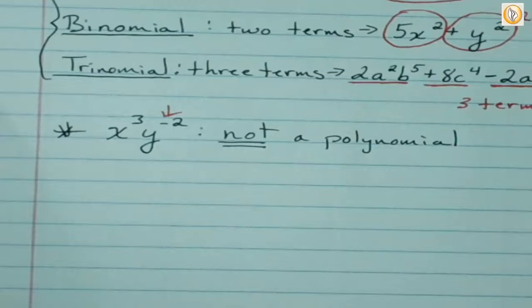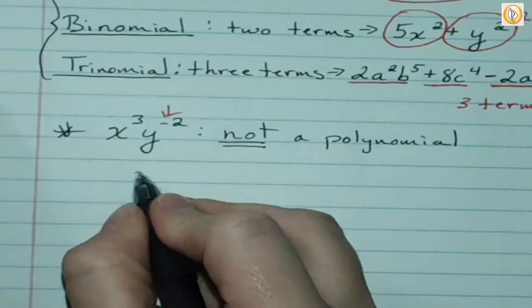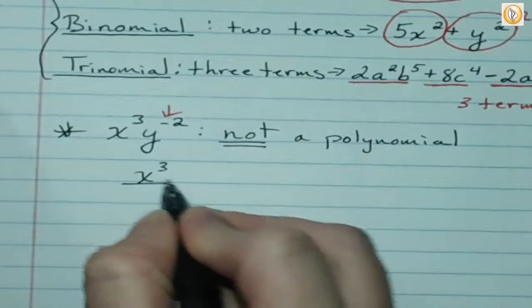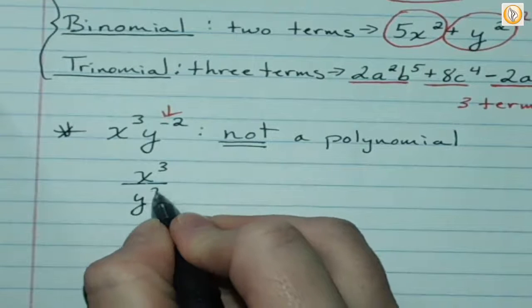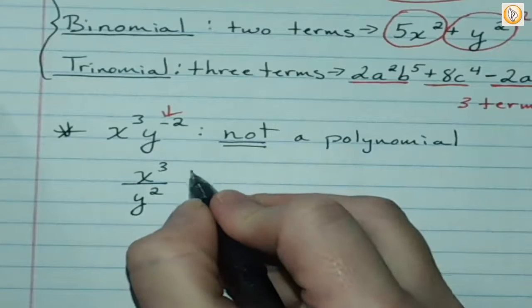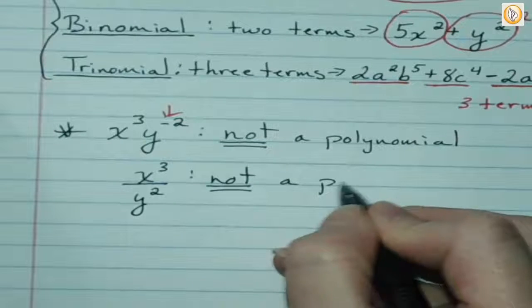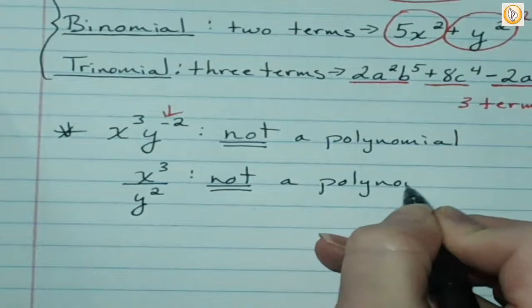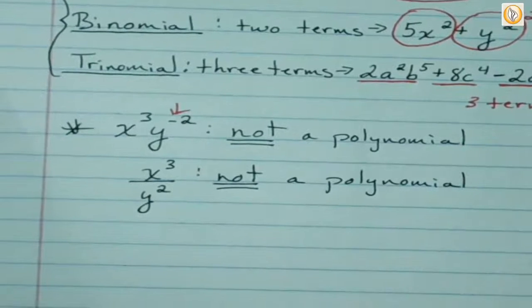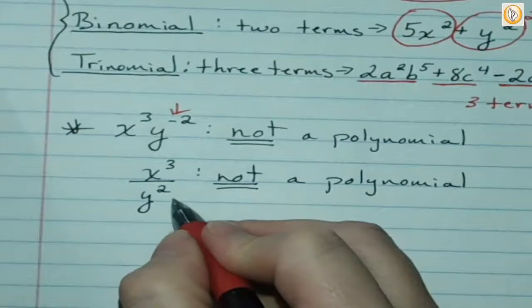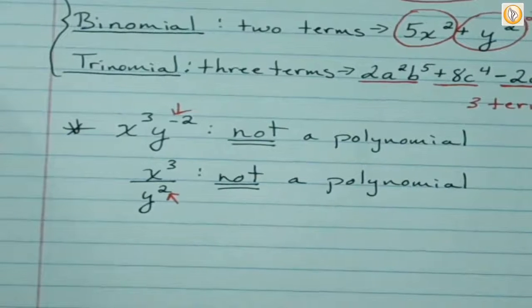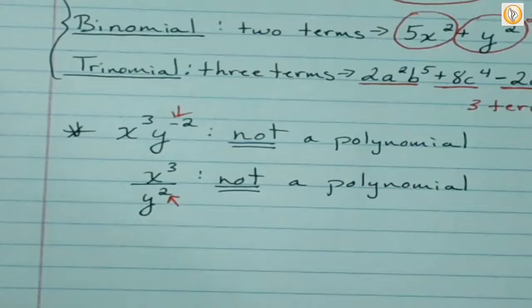And I'm going to take it one step further. If you have this, that is not a polynomial, and I'll show you why. Because there's an exponent in the denominator.